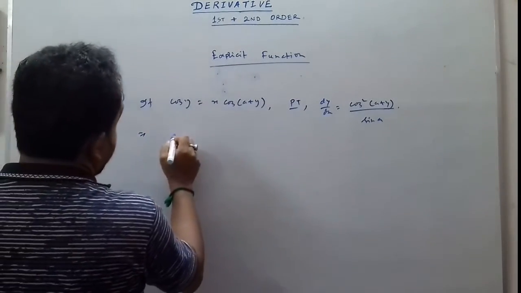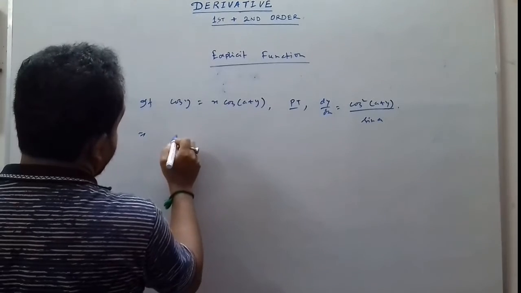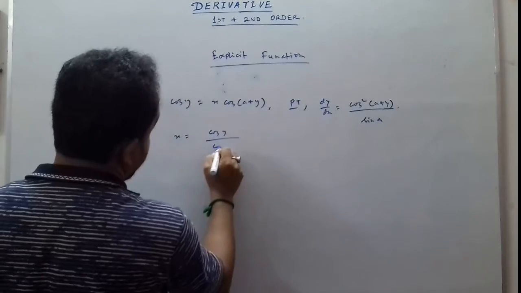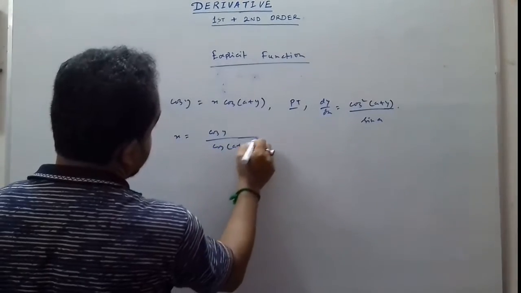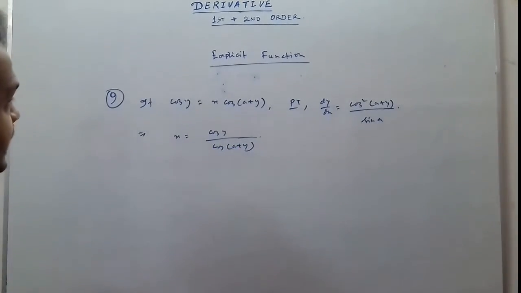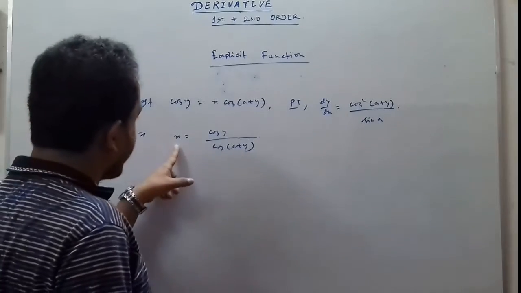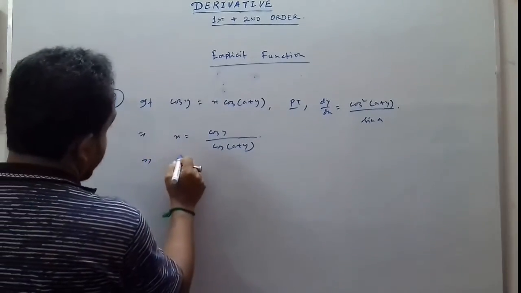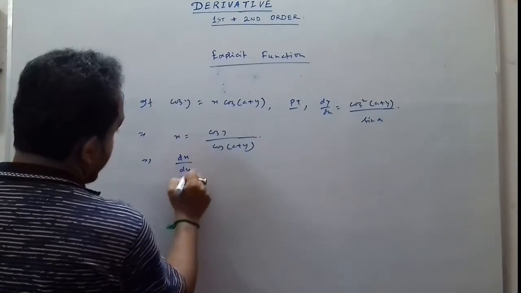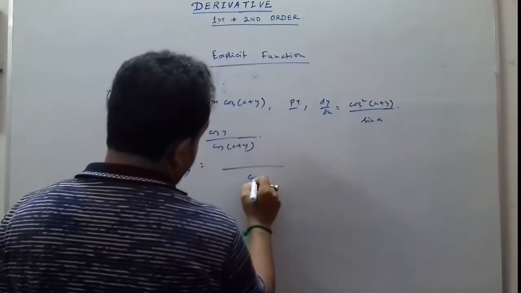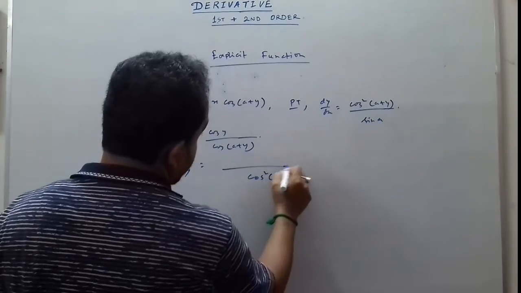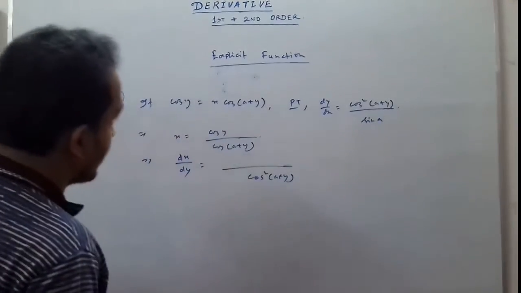Now from the given equation we can get x is equal to cos y divided by cos of a plus y. That is, here it is easy to express x as a function of y. Now we differentiate x with respect to y using the u by v rule, the quotient rule of derivative.